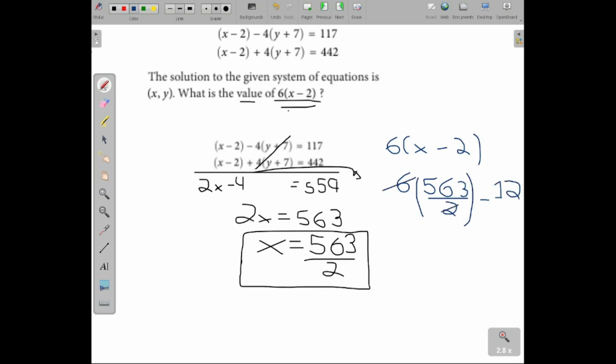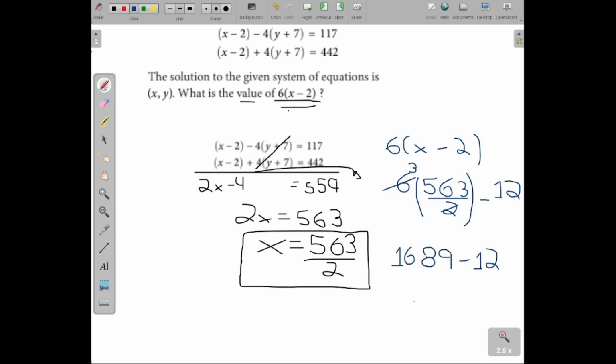Here we can simplify to 6 will be 3, and 3 times 563 is equal to 1689 minus 12.